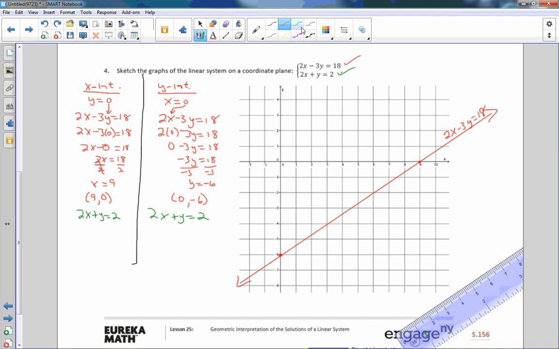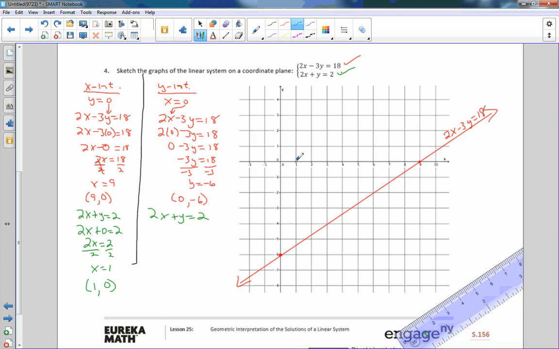Okay, now I'm going to do the next one in green. Same scenario, plugging 0 in for y, I get 2x plus 0 equals 2, 2x equals 2, divide by 2, and x equals 1. That is the point 1, comma 0.